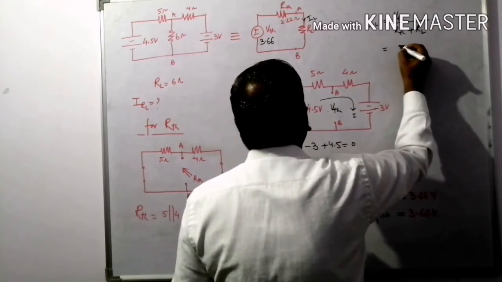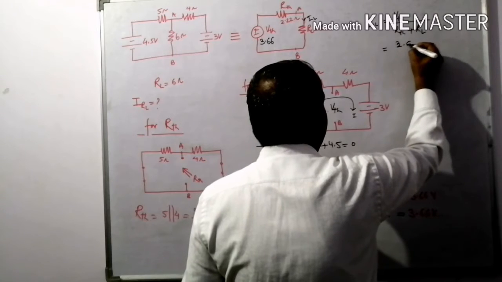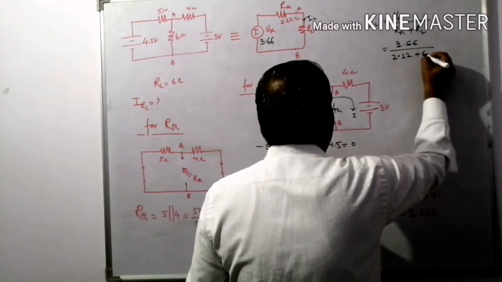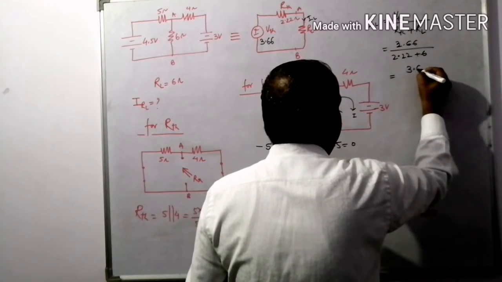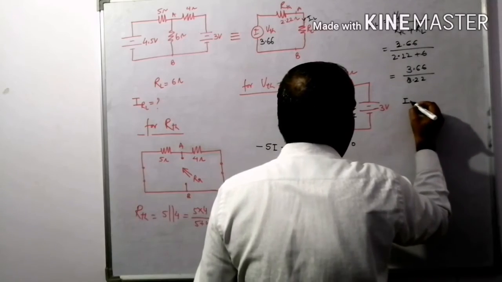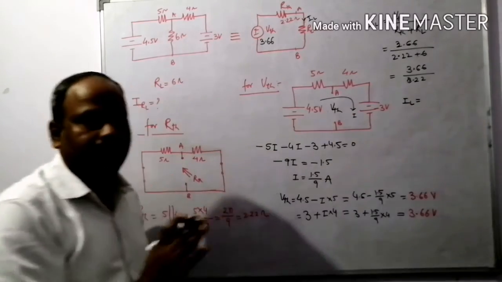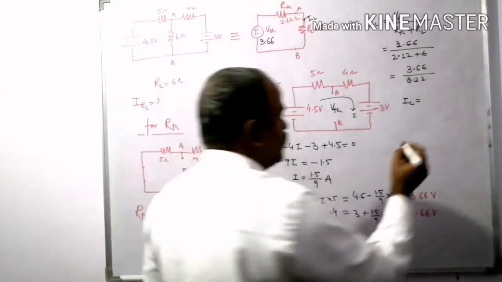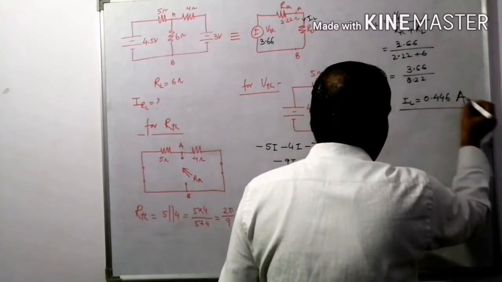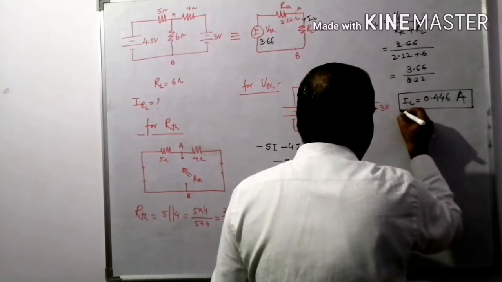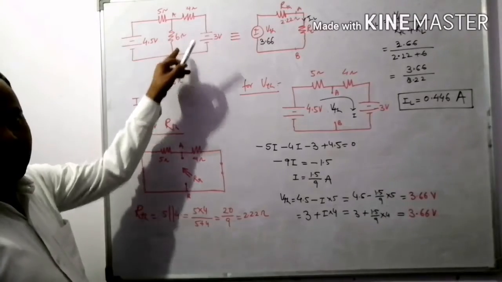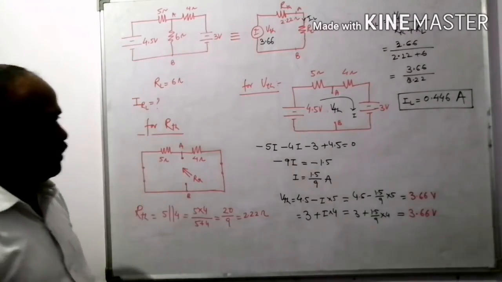Now put the value, that is 3.66 divided by, sorry, it is 2.22 plus 6, 8.22. IL, current in the load resistor, is 0.446 ampere. This is the desired current passing through the load resistor, the 6 ohm resistor, for this particular circuit.